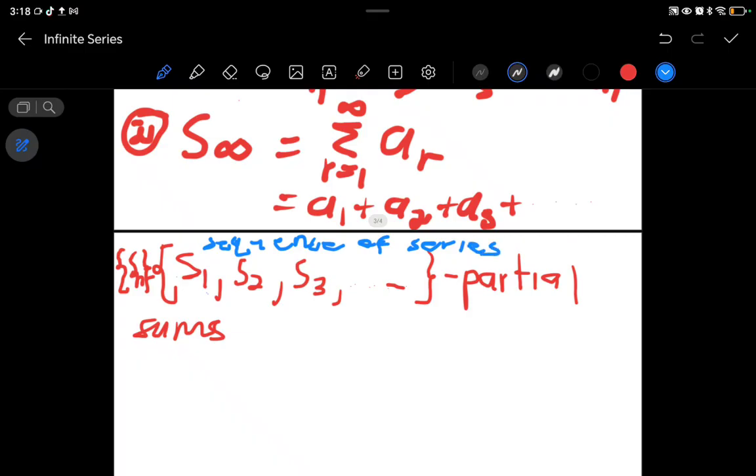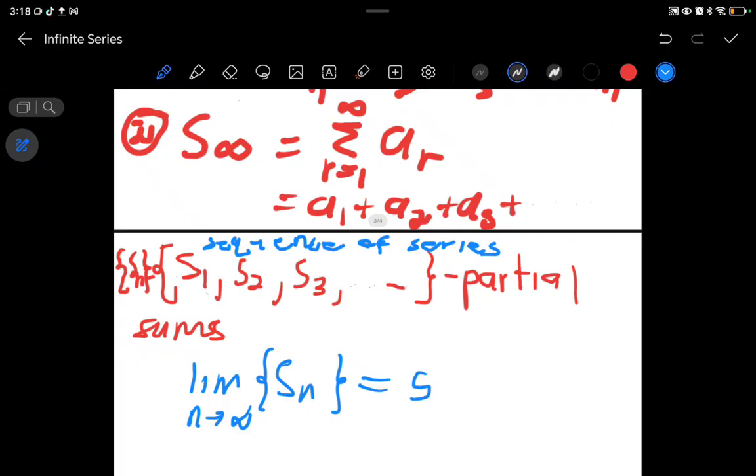Then if the sequence of series converges, we'll know there will exist a certain number. Even with sequences, if the limit of these partial sums exists, it means they converge to a certain number.